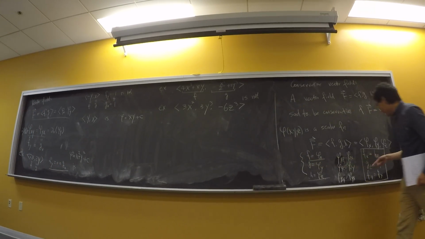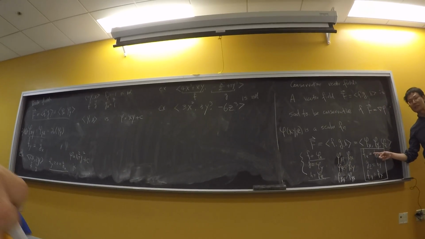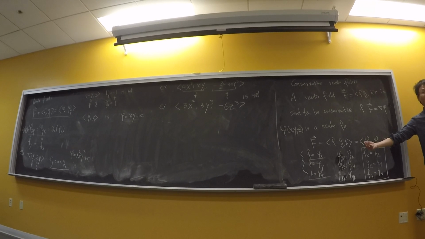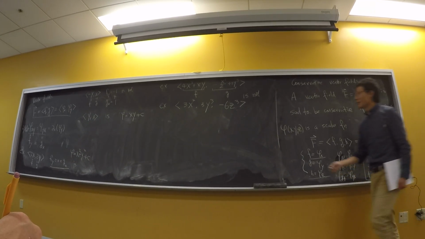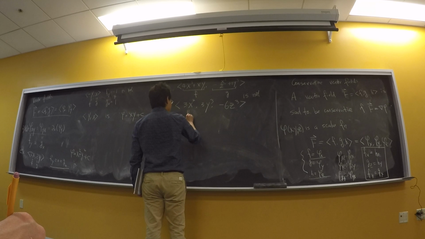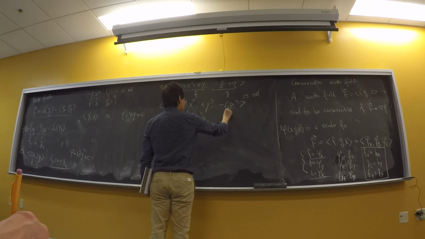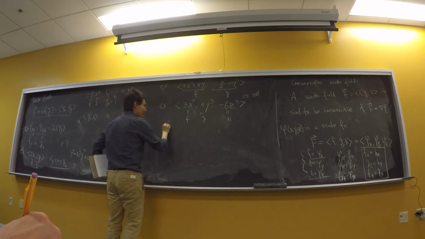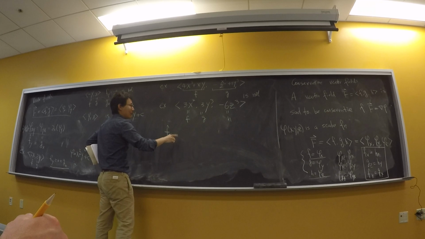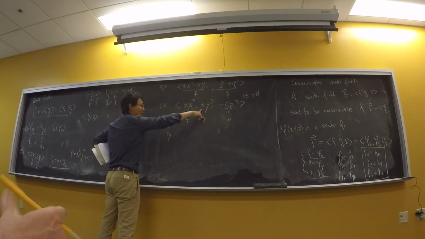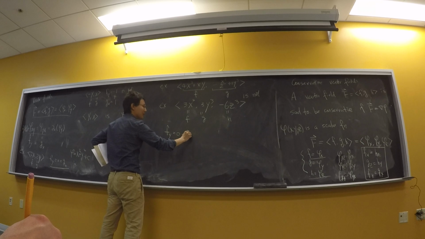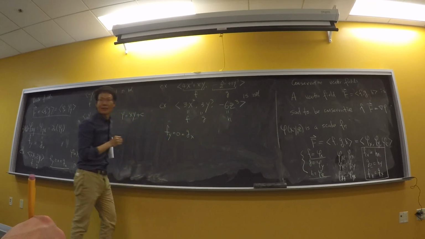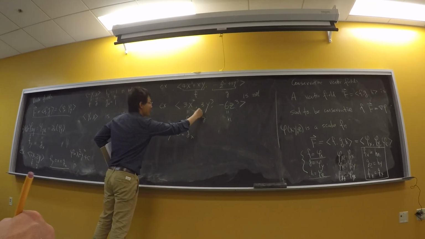Because remember, in order to check that it is conservative, you have to take the derivative with respect to the other components, right? You have to do the symmetric derivatives. If I call these f, g, and h, then f y is equal to 0, which is equal to g of x. So I'm looking at these two.